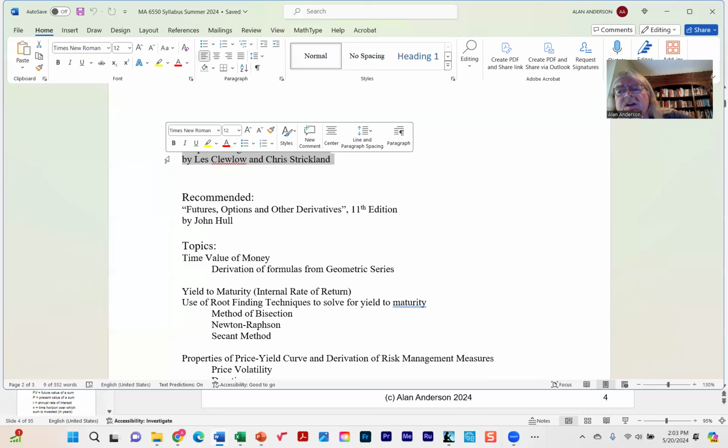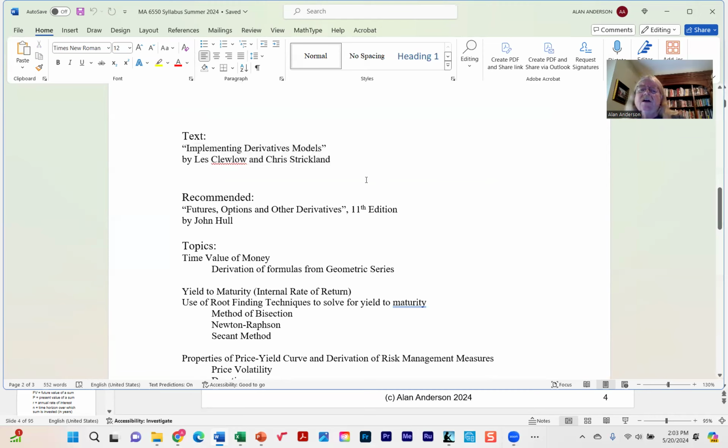Okay, so if you read the two books side by side, you'll see they're very similar, except that Clelau and Strickland are adding all the computational details. Hull, for some reason, never got around to doing that. He's really a finance guy, not a computer guy, and so the book, if you read Hull, you will not find any hints as to how to write code, but you'll find everything else you need.